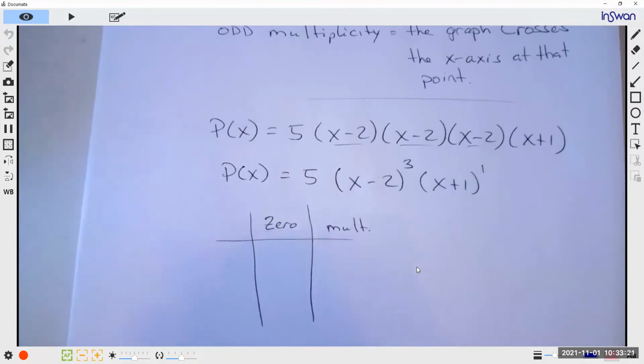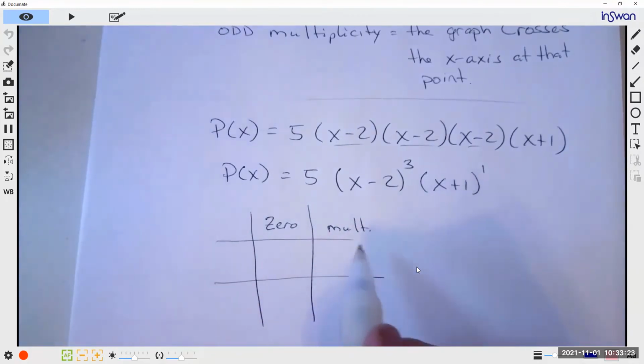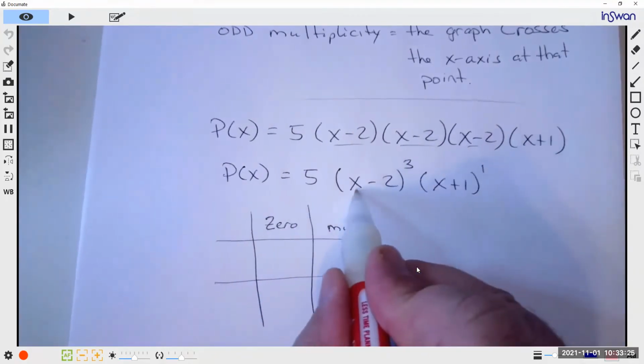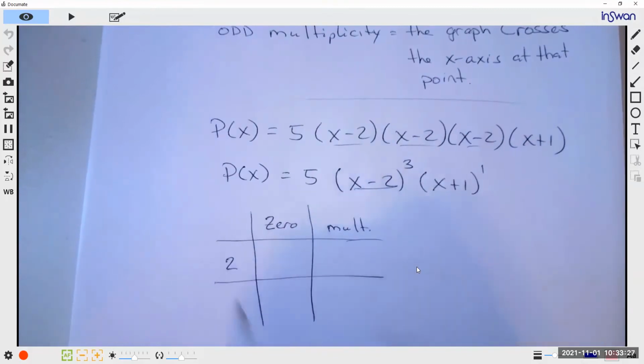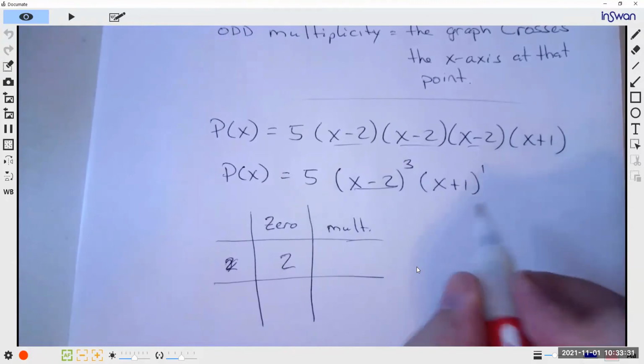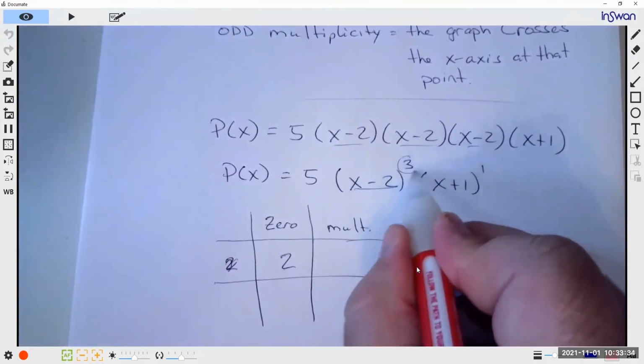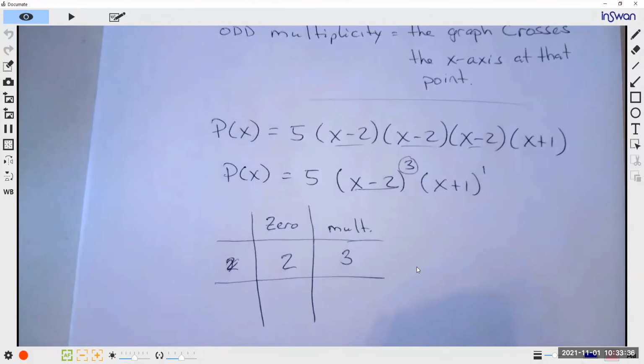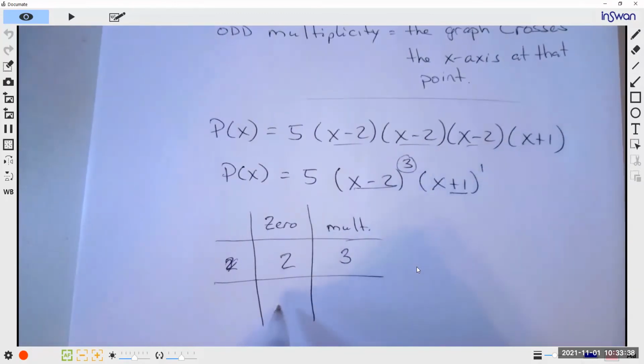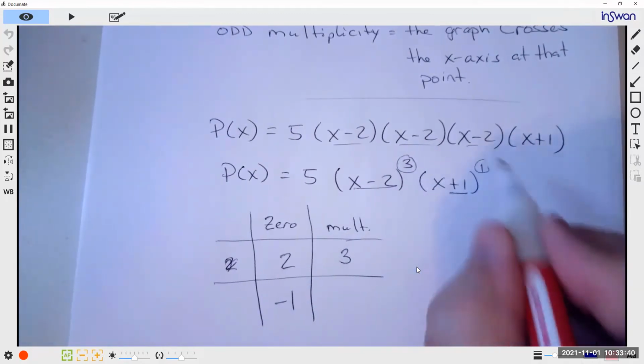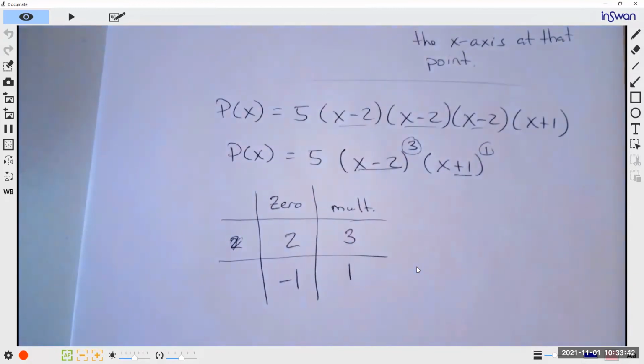And this helps us keep track of all this stuff. So what are my zeros? The first 0 is at 2. The multiplicity of that point is 3. The second 0 is -1. Its multiplicity is 1.